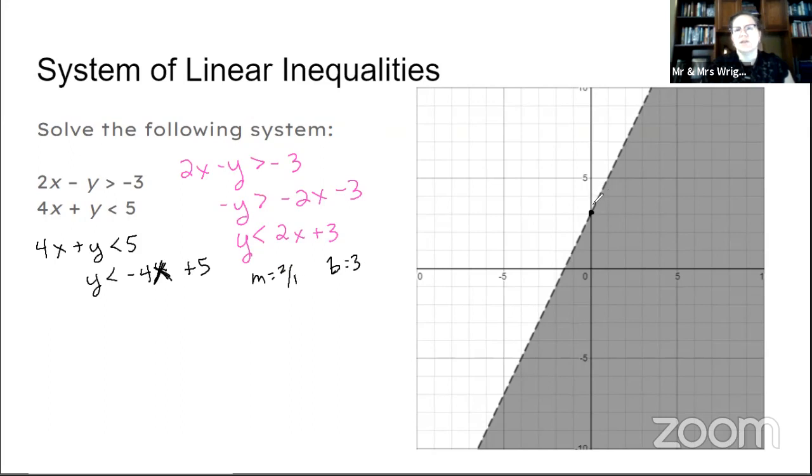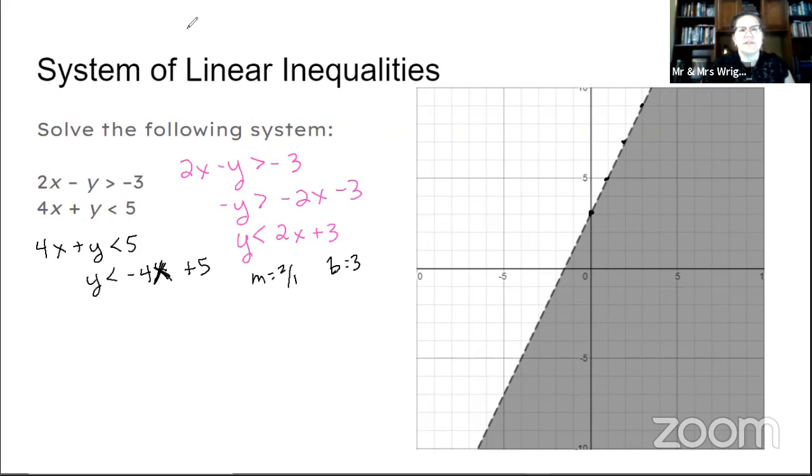Okay, so we're going to go up 2 over 1, up 2 over 1, up 2 over 1. And you see it is a dashed line. That is correct because we have just less than here, not less than or equal to. And it is y is less than this. So what's less than on the y scale is what's going to be colored in. So this is our graph for that first inequality.